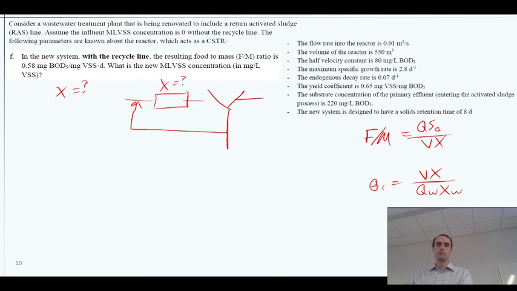We're on the right track here. What was the question? Is our new Q, since we're clearly using the first equation, F over M equals QS over VX, going to be 150 plus 864, building on the last one? Or is it going to be the Q of 0.01, the reactor?